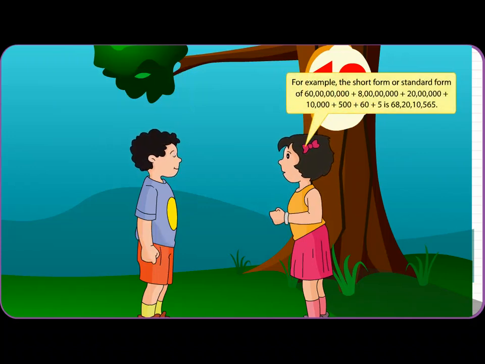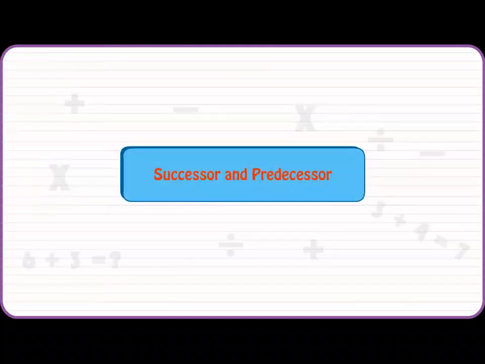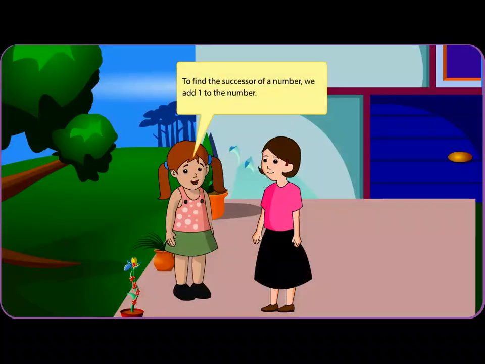For example, the short form or standard form of 60 crore plus 8 crore plus 20 lakh plus 10,000 plus 500 plus 60 plus 5 is 68 crore 20 lakh 10,565. Successor and predecessor. To find the successor of a number, we add 1 to the number.